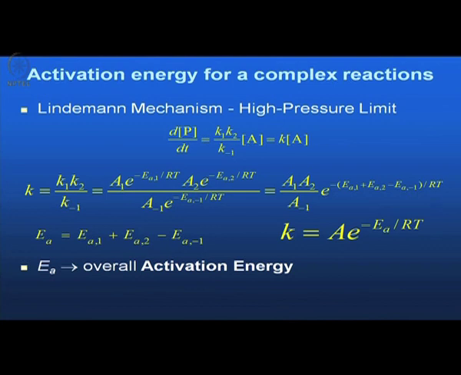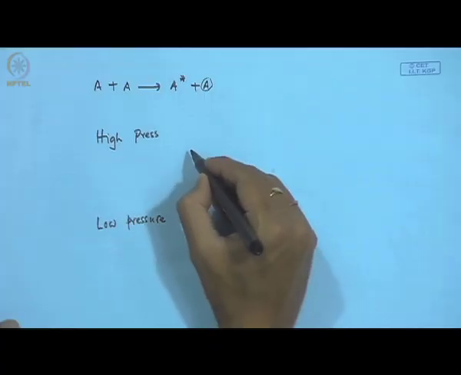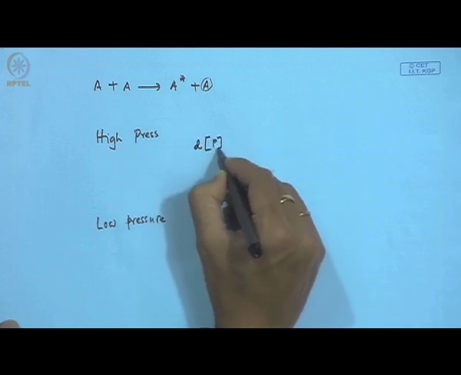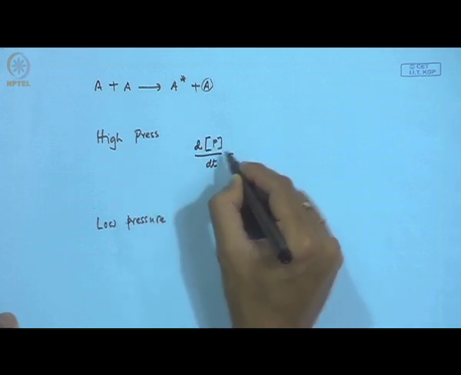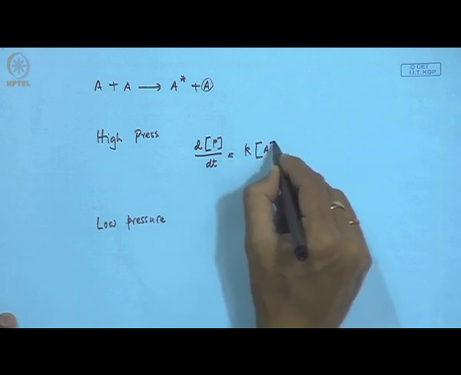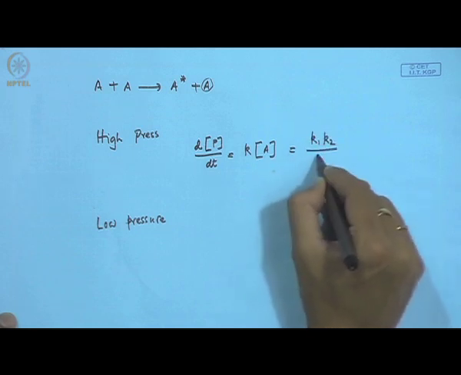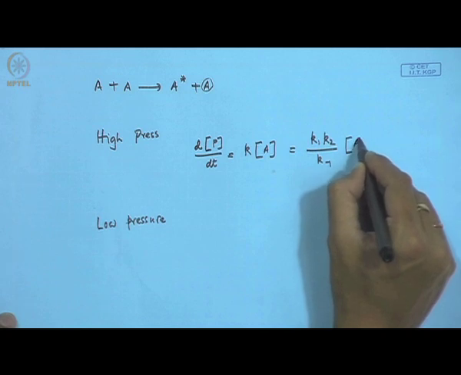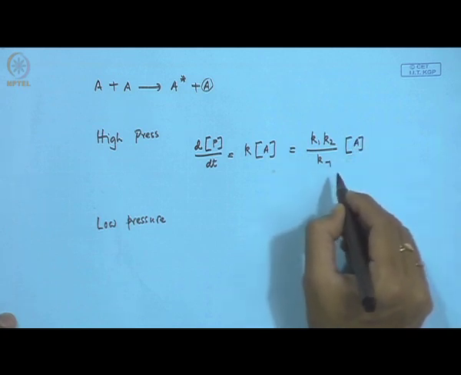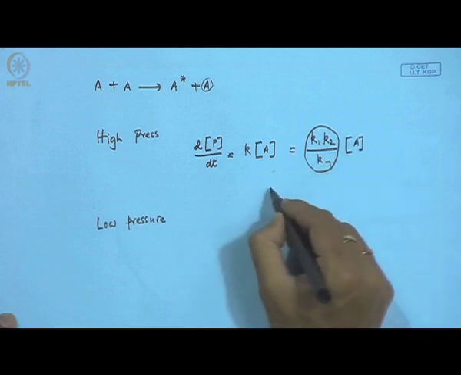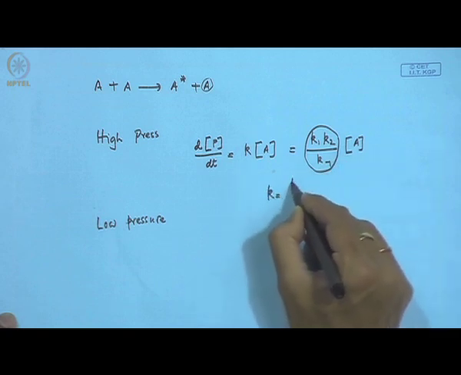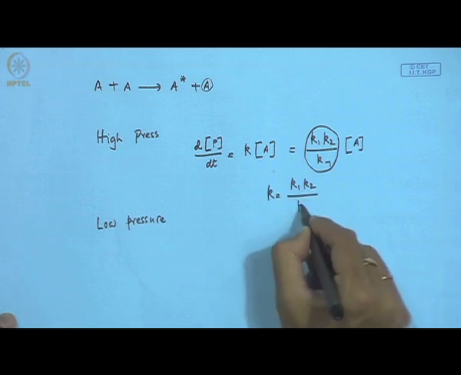Again, look into Lindemann's mechanism and concentrate on the high pressure region, where your expression becomes dP/dt is equal to some constant A, which is nothing but K1 K2 divided by K minus 1 times A. So the overall rate constant is K equal to K1 K2 divided by K minus 1.